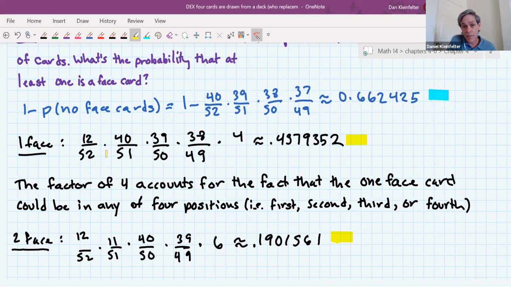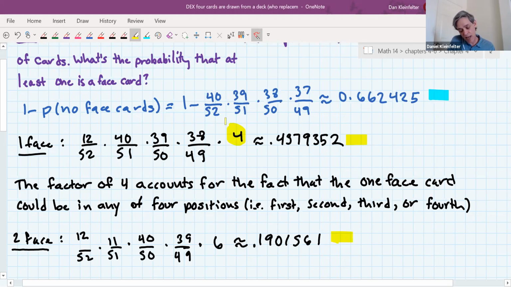Did the face card come up first? Was it the third card picked? There's four possibilities for where that one face card could be drawn. And so that's why right here we have this multiplication by 4. Okay, and so that gives us about 0.4379. That's the probability of us getting exactly one face card.